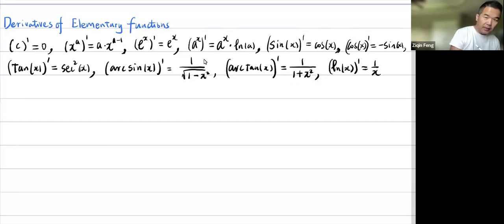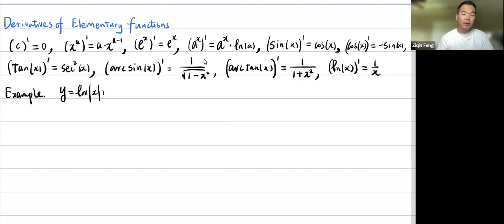Let's see the first example here. It's an easy example. The first example is to differentiate y equal to natural log of absolute value of x.